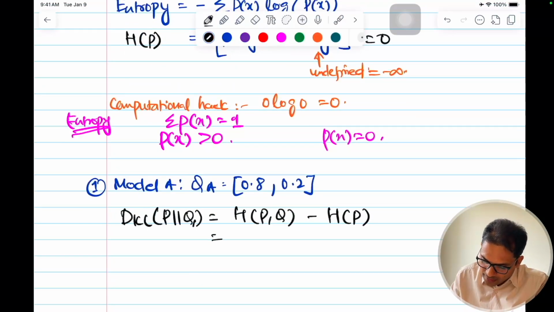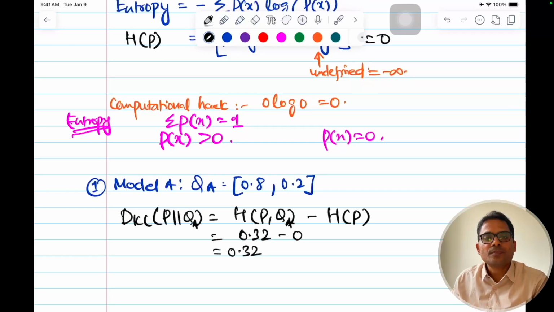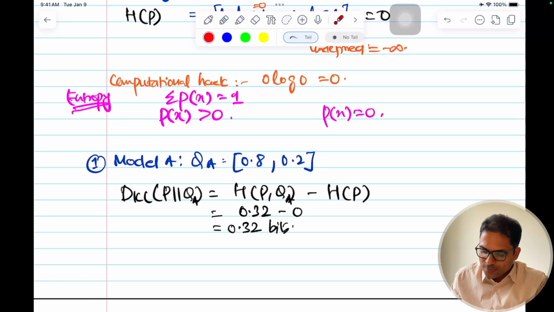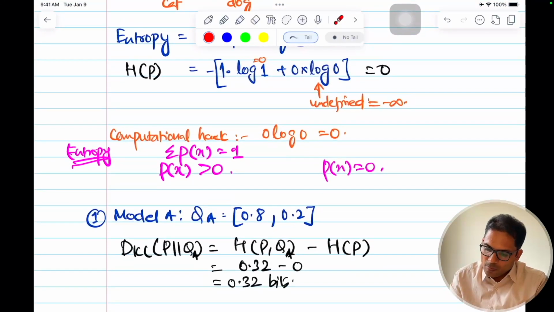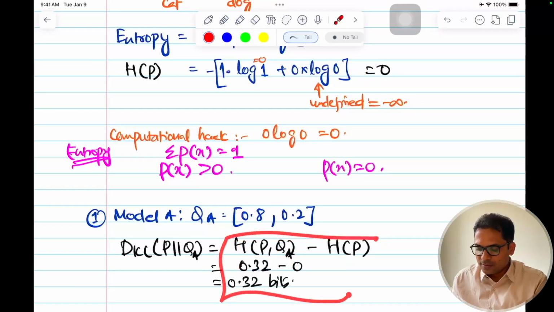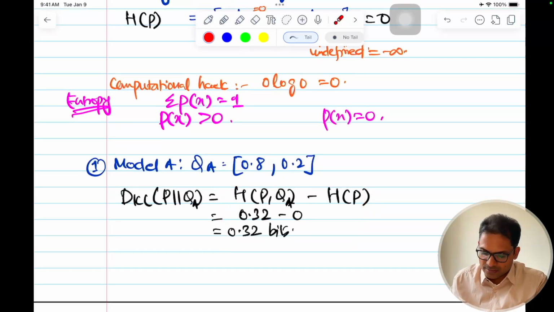So this is 0.32 minus 0, which is equal to 0.32. Everything is in bits. This model incurs 0.32 bits of extra surprise, because the actual entropy was only 0, but the model QA prediction brought in this extra 0.32 bits of surprise.